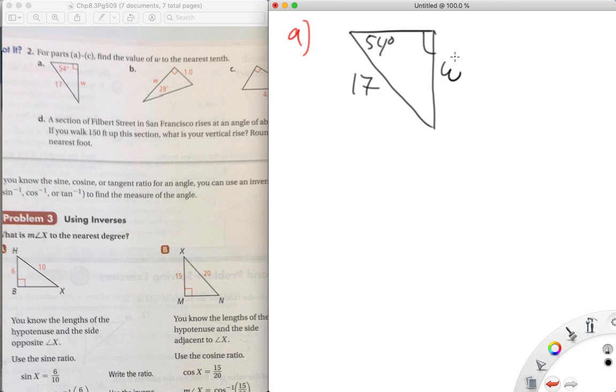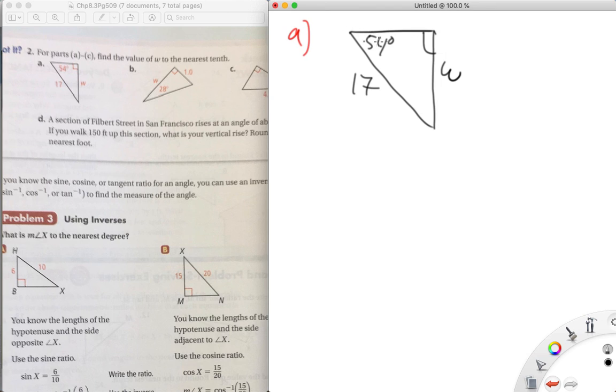I need you guys to make sure that your calculators are on degrees. We have the hypotenuse, because it's opposite of 90 degrees, and we have W. This W is opposite of 54, so we can use sine.